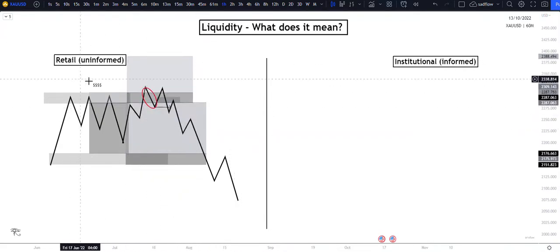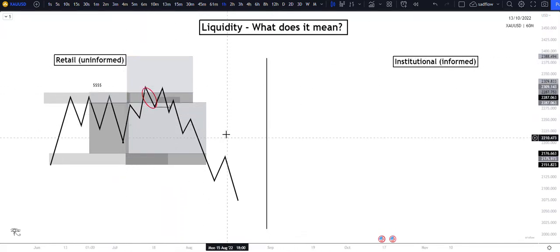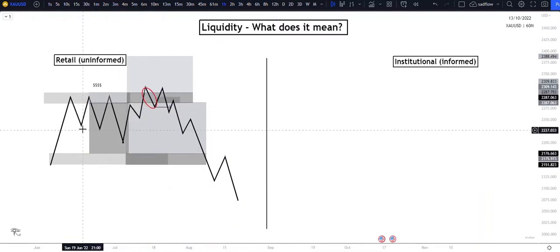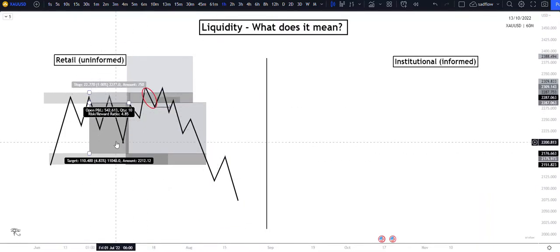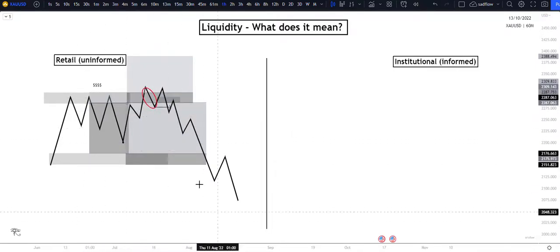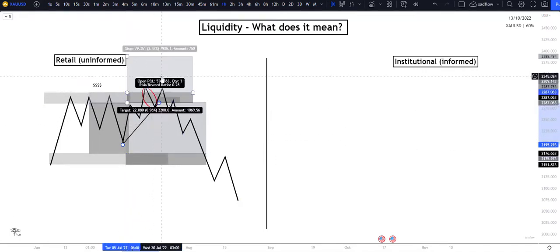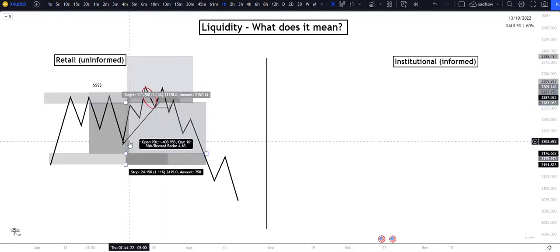So retail sees this as a breakout. They're all looking to take this to the upside. Institutional sees this as a distribution scheme, meaning it's leaving those highs, manipulating lows, and then it manipulates the highs, starts to leave lows, and we now have trendline liquidity. Again, retail trying to buy, taking this to the upside in the form of stop losses.